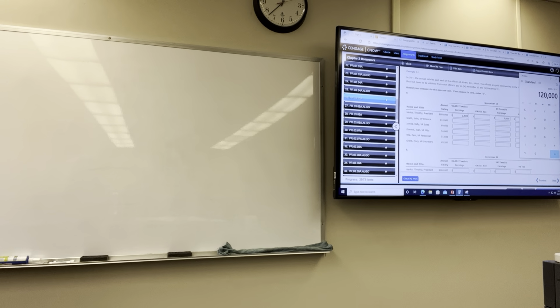So here it's going to be 6,000 and 6,000. 6,000 times 0.062, so 372 for the tax, and then 6,000 times 0.0145, $87.